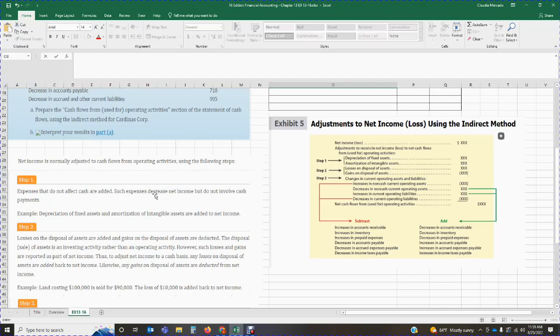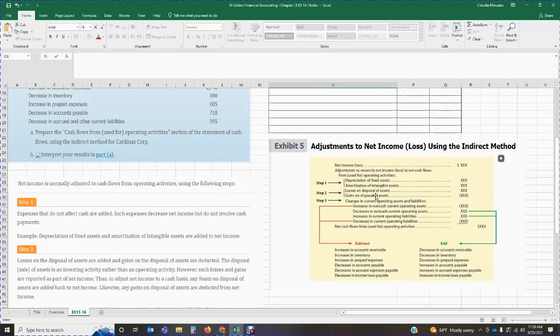Such expenses decrease net income, but do not involve cash payments, such as depreciation of fixed assets and the amortization of intangible assets. Those items are expenses, but they do not involve cash. So therefore, we are going to add those expenses.